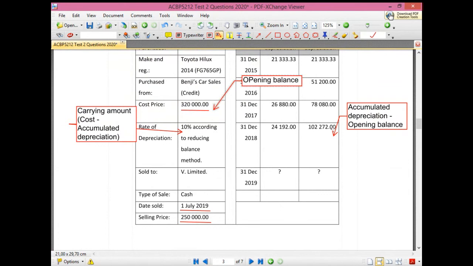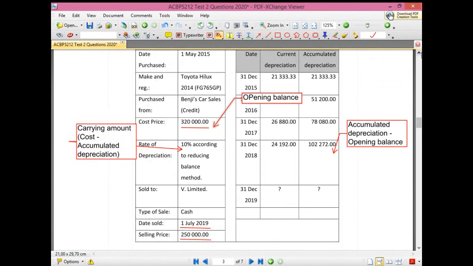Then we said the 102,272 is the opening accumulated depreciation balance, because that is the balance at the end of the prior year, which would be the opening balance in the following year. So going to my accumulated depreciation account for vehicles, I can automatically go do the balances amounts.